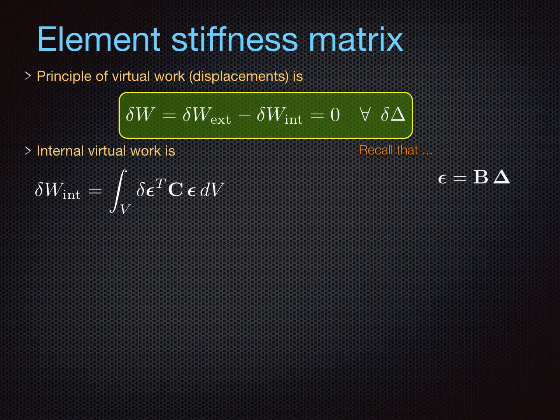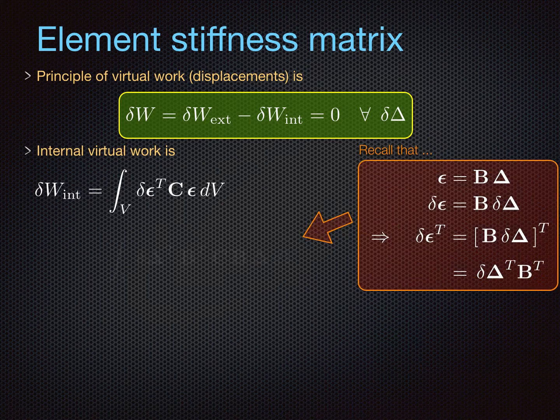And recall that epsilon itself was related to the kinematic degrees of freedom through the strain displacement relationships, and the virtual one, if we use the Galerkin method, uses the same shape functions to interpolate the real displacement field and the virtual displacement. So the strain displacement matrix for the virtual field would be identical. And we need to transpose that second expression to use it in the integral, and that's simply del delta transpose times B transpose.